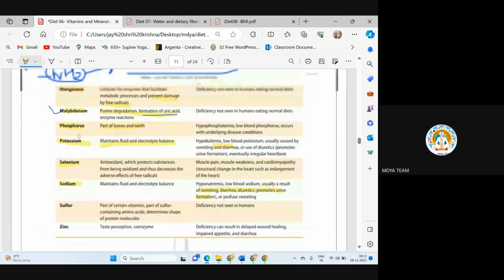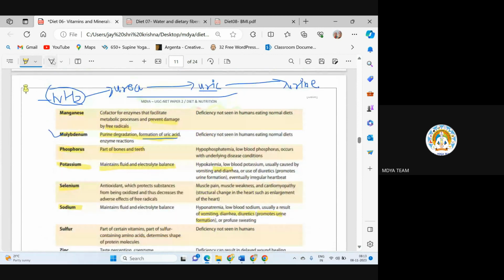Selenium. So we now have two nutrients. First one is manganese, the other one is selenium, as antioxidants. It means it will protect us from free radicals. It will protect us from reactive oxygen species.